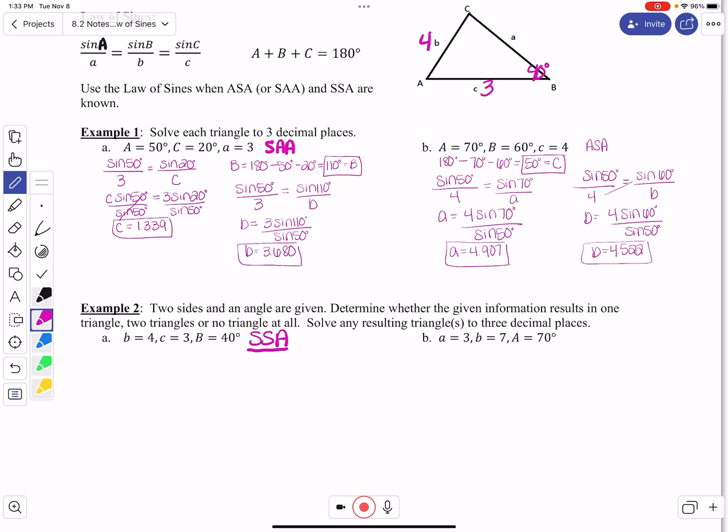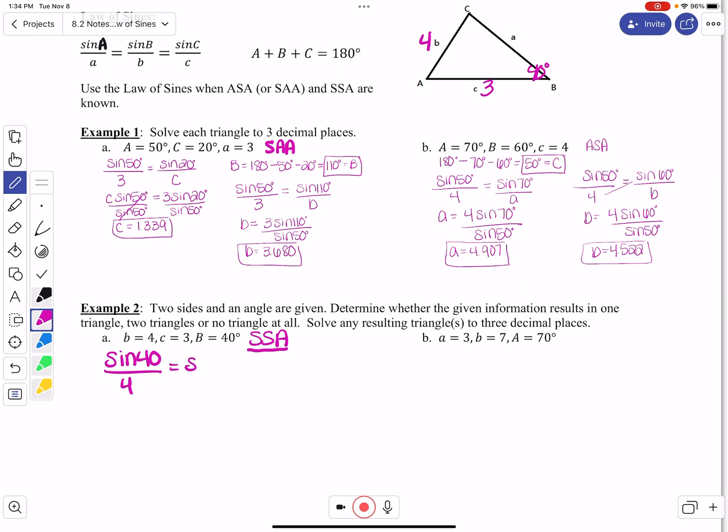So the first thing that we're going to do is find side C, or yeah, we're going to find side C. So we're going to do the sine of 40 over 4.